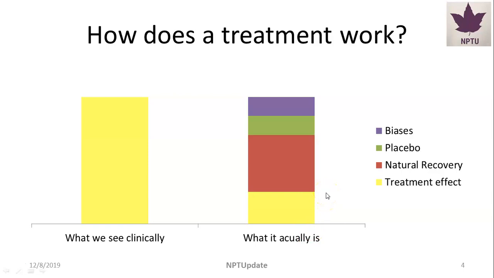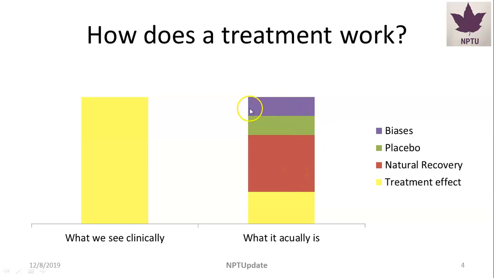As some of you might be aware, a randomized controlled trial, or an experimental study, is how you can distinguish it. The randomized controlled trial is designed specifically so that it is possible for us to distinguish natural recovery and treatment effect by having a control group. The other group will also have natural recovery, so it is common and can be cancelled out.